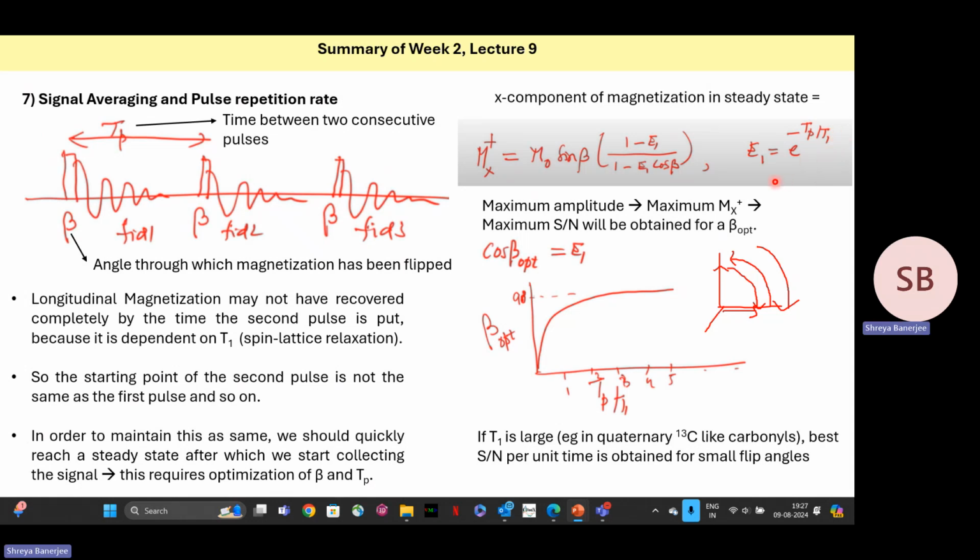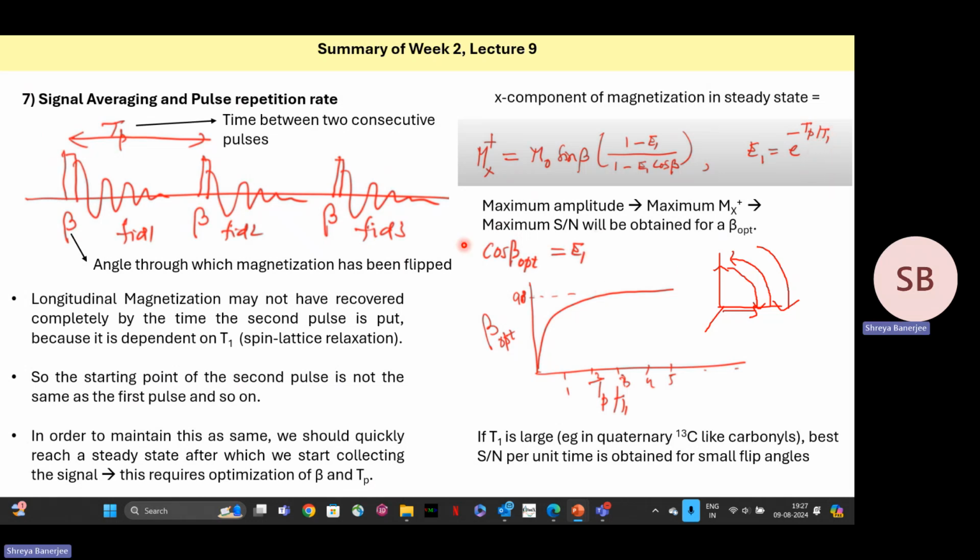If you plot this, you have Tp by T1 on the x-axis and beta optimum on the y-axis. Here you will see that this kind of curve comes. That means we need to choose beta optimum such that cos of beta optimum must be equal to E1, and E1 is e to the power minus Tp by T1.